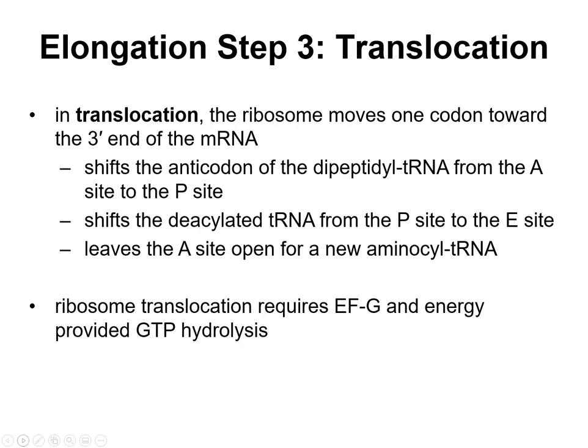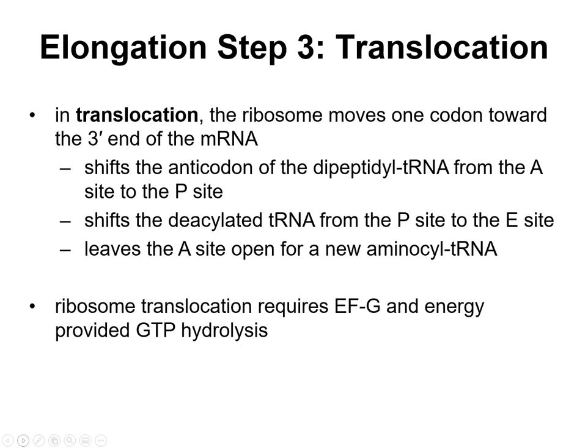So this is going to shift all of those tRNAs one site over. What was in the P site will now be shifted to the E site. What was in the A site will be shifted to the P site. The A site is now open for a new aminoacyl tRNA.